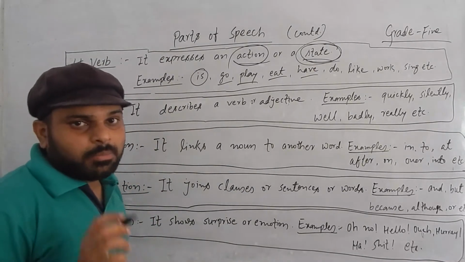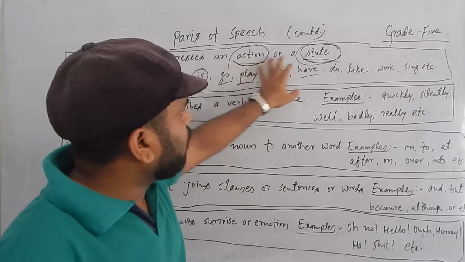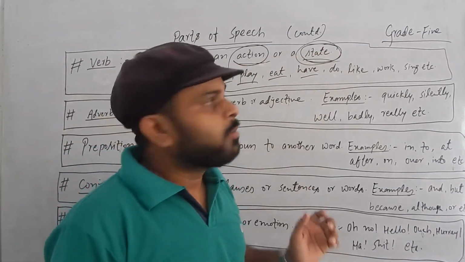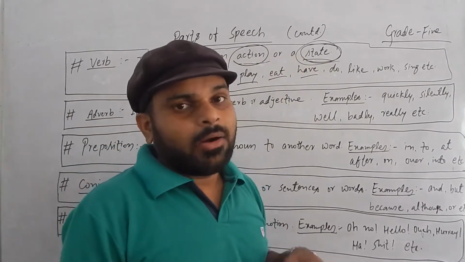What is verb? Verb is a word that expresses an action or a state. But try to understand what is action or state.